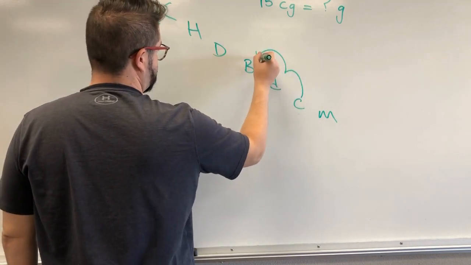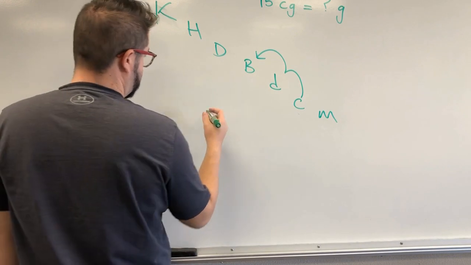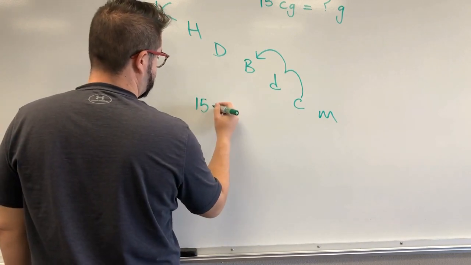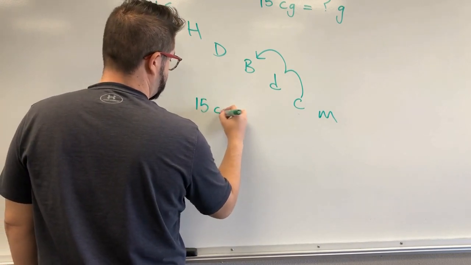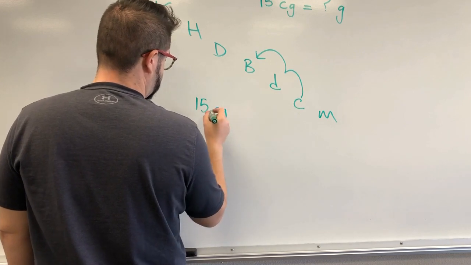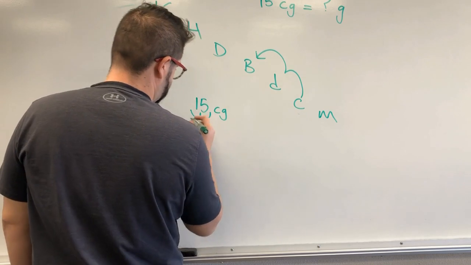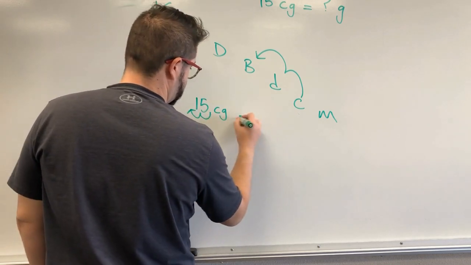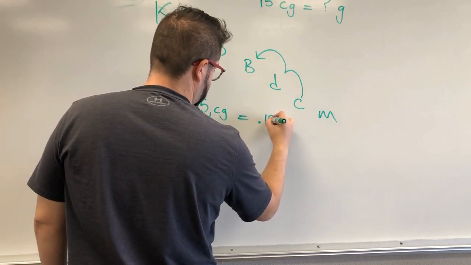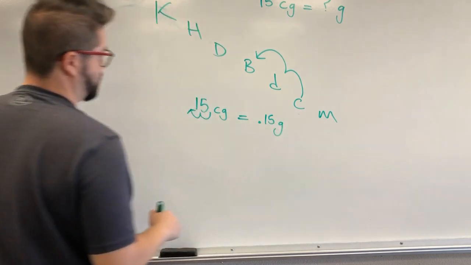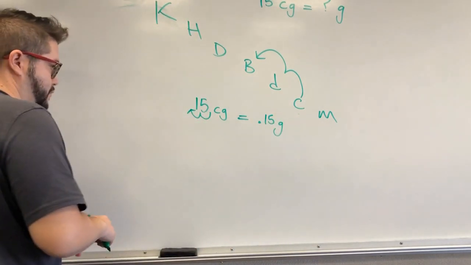We move to base because gram is a base, and that is 2 spots to the left. And so if I have 15 centigrams, and I'm trying to figure out how many grams it is, after the whole number 15, I move 2 spaces to the left. And moving 2 spaces to the left means that I move it from the 5 to in front of the 1, meaning I have 0.15 grams.